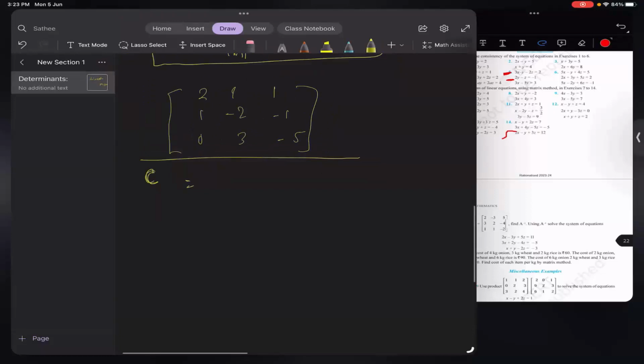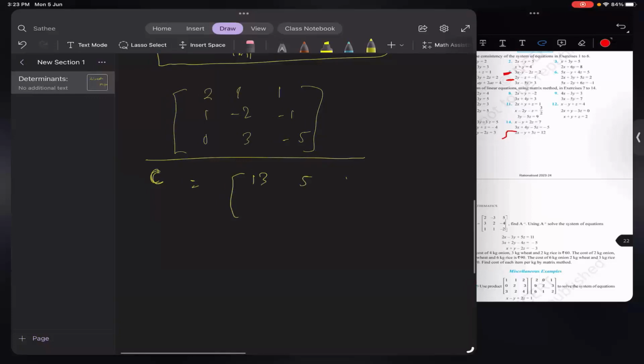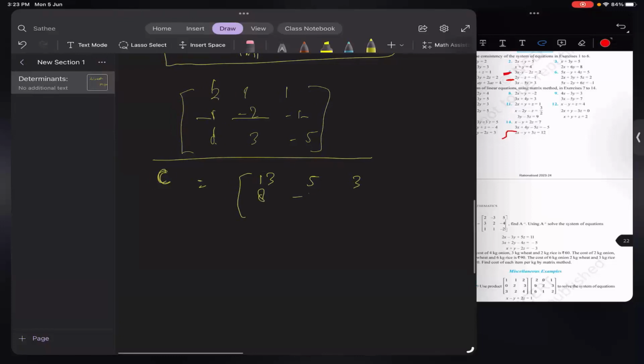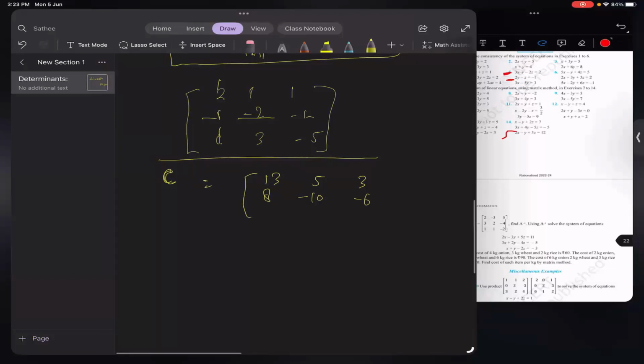So let us see our cofactor matrix. This would be 13, this would be 5, and this would be 3, and this would be 3, minus 5, minus 3. So this would be 8, this would be minus 10, and this would be minus 6, and this would be 1, this would be 3, and this would be minus 5.